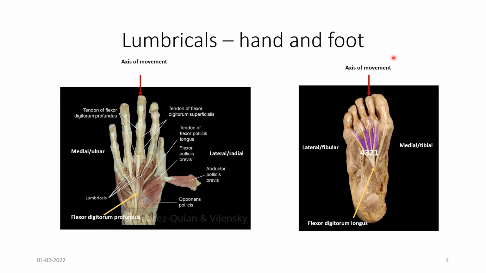So this is concerned with the movement of the interossei muscles, not with the lumbrical muscles, but it is shown here for making you understand. So if you compare the lumbricals of the hand and foot, then you will understand how to number them and what about their origin from these long flexor tendons and their attachment to the digits.